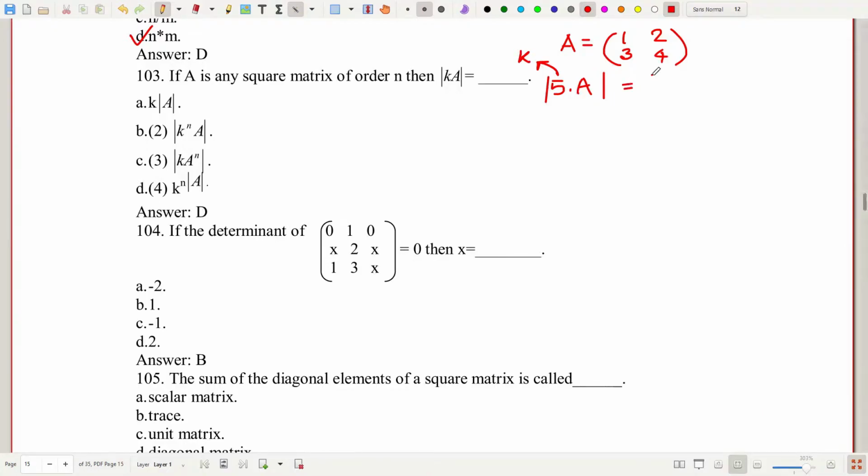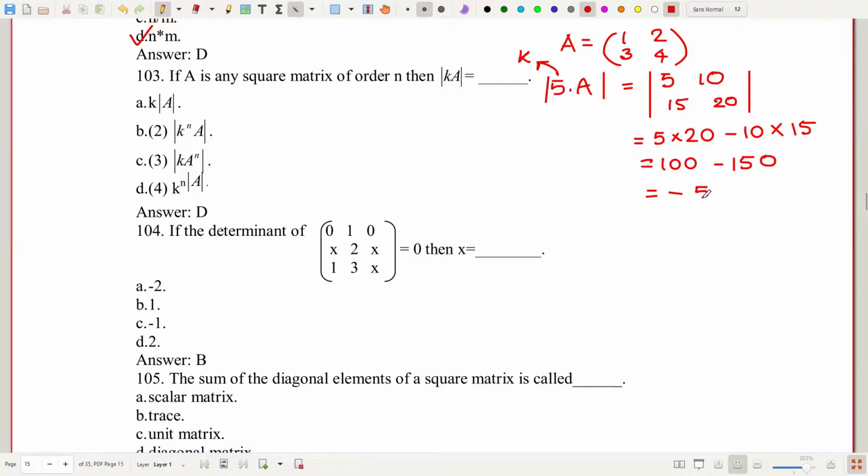So that is 5, 10, 15, 20. The determinant is 5 into 20 minus 10 into 15, or 100 minus 150, that is minus 50.